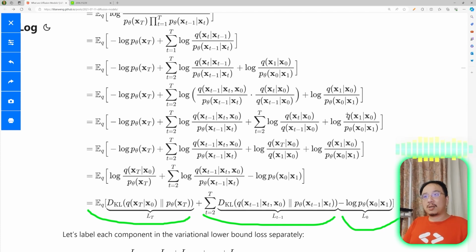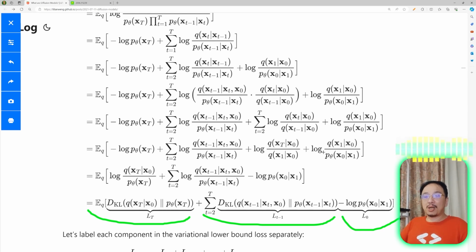Although the computation is a bit on the complicated side, we are simply splitting the computation step by step. We simply split the computation for each step. So that's why this loss comes with a time step.